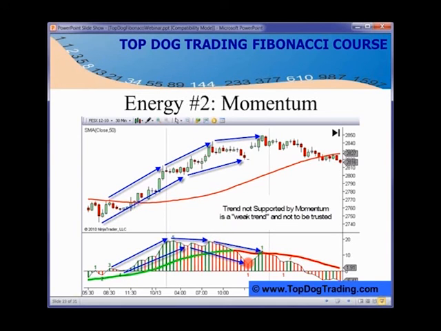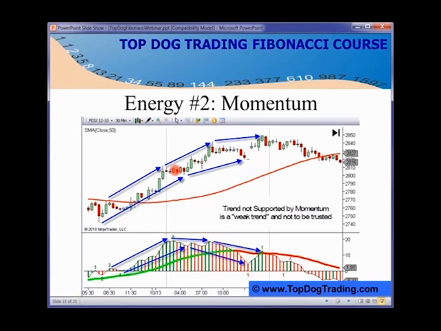But also on the low, a lot of people look for divergences. I'm not big on divergences, but here's the key. On momentum, we've got a lower high and a lower low. On price, we have a higher high and a higher low. Momentum, unlike trend, tends to lead price.